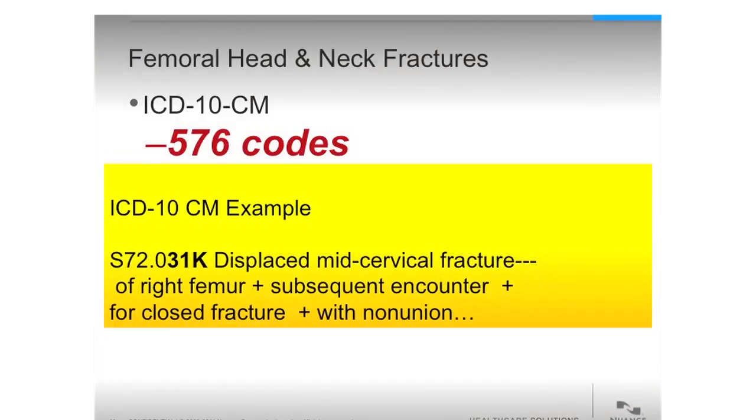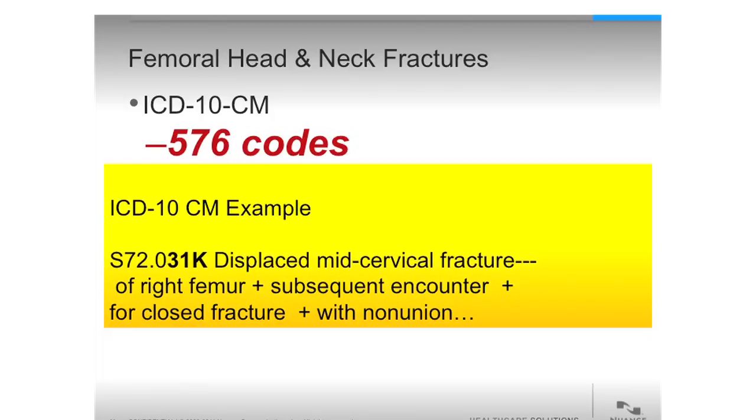We're going to come across the term subsequent again, but for the most part, this is the only place it's going to occur: initial, subsequent, sequela. Any questions on that? Perfect. All right. Now, in addition to that, that's not all we have for fractures. We're also going to add in whether it's open or closed, whether it is a malunion or non-union, built right into that same code.